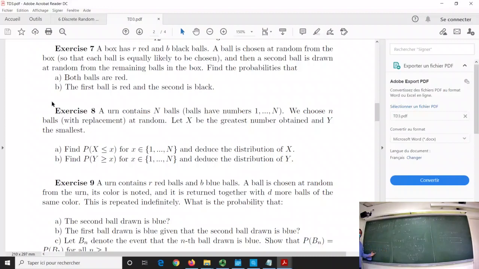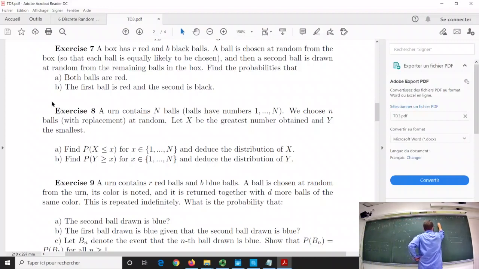The probability of this one will be the probability of this set minus the probability of this one.